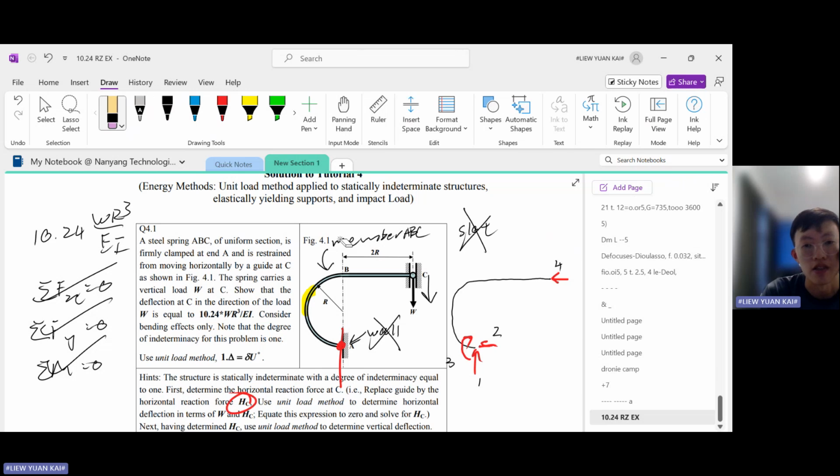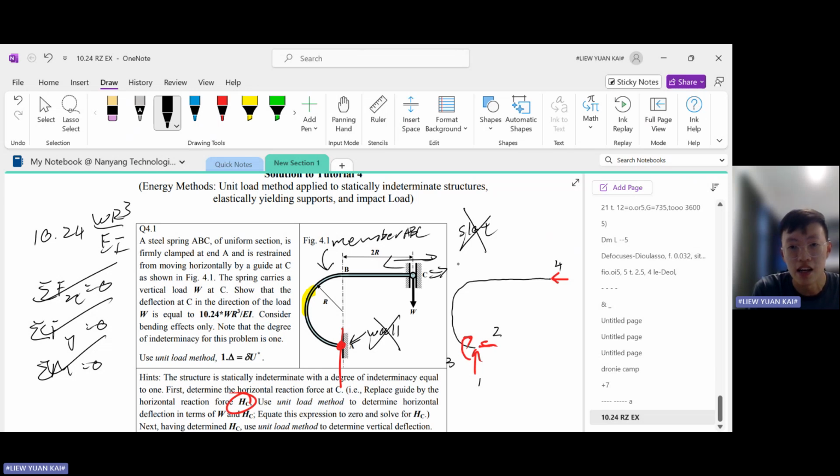But is it going to displace horizontally? No. Why? Because it's fixed within the slot. So it cannot move left, it cannot move right. It's not allowed to move horizontally. So I know after I apply this force, the horizontal deflection is zero because of this slot restraining it from horizontal movement.